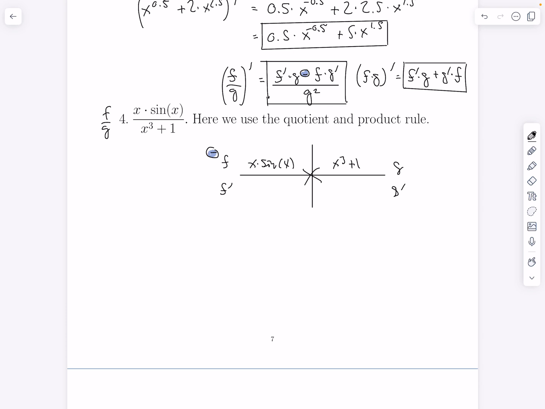And then we fill in what we can, so we can do x cubed plus 1. What is the derivative? It's 3x squared plus 0, right? So 3x squared. Okay, and here we run into a problem.